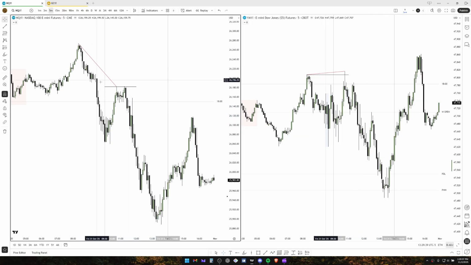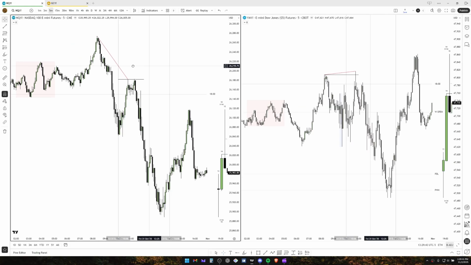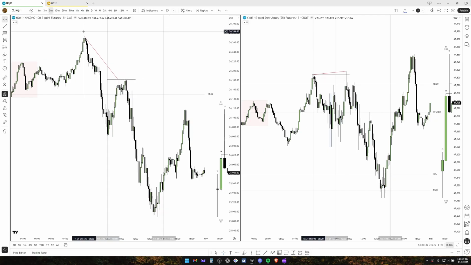Go to each candle, each point of the candle, right? Just go on NQ. I'm just trying to line them up. Okay, go to the other one. Go to the other point of the SMT. Okay, I see now.